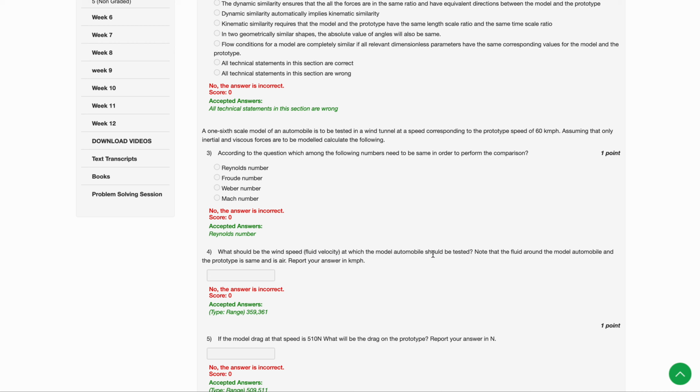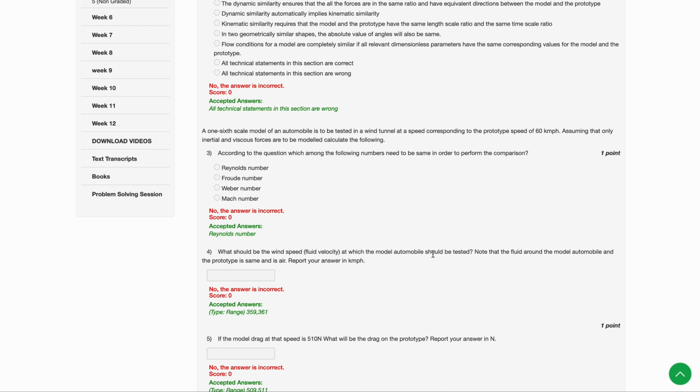So in both the cases the fluid is air. That's what also it is given. That means the properties of the fluid in both the cases are the same.